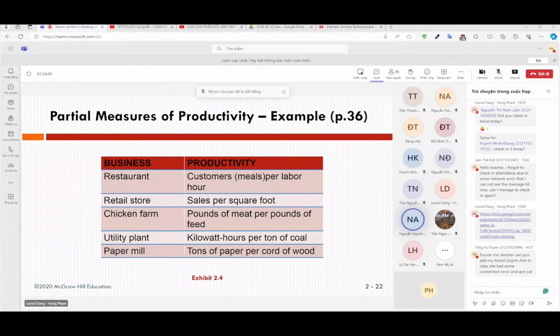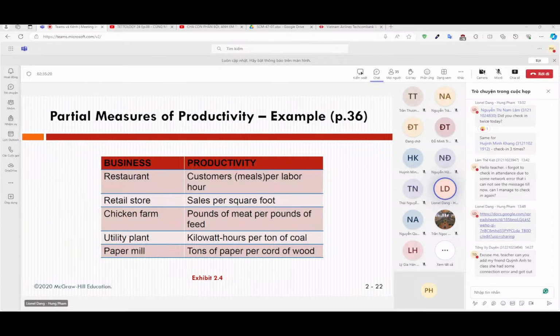Yes, I can get it. So usually we don't count by number of meals, but by the total revenue of that day, so that you can compare the productivity day by day. For example, if you have a change in the labor, you want to know if the new people can deliver the same productivity or not.